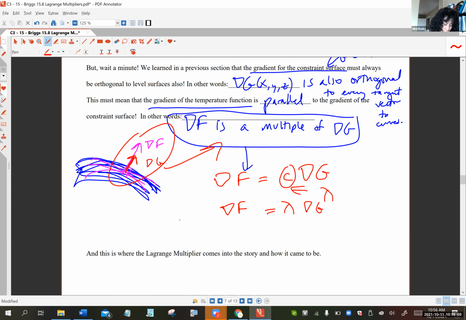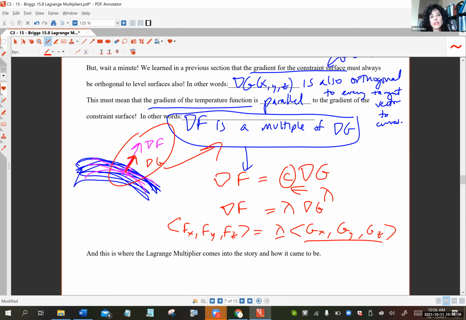Okay. So once again, the book will tell you that what you're doing here is setting the gradient of big F, that's the gradient of the function that you're optimizing, equal to lambda times the gradient of your constraint. And then after distributing your lambda, you equate the components and you get a system of equations that you need to go solve.